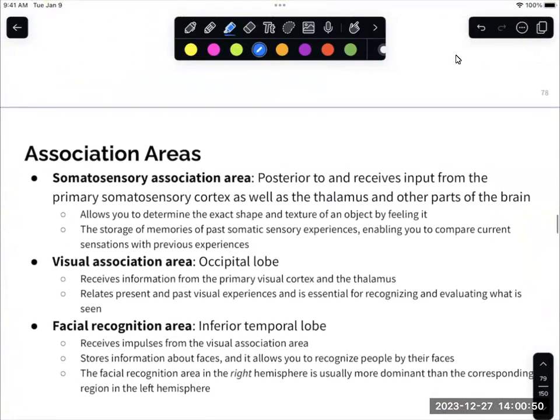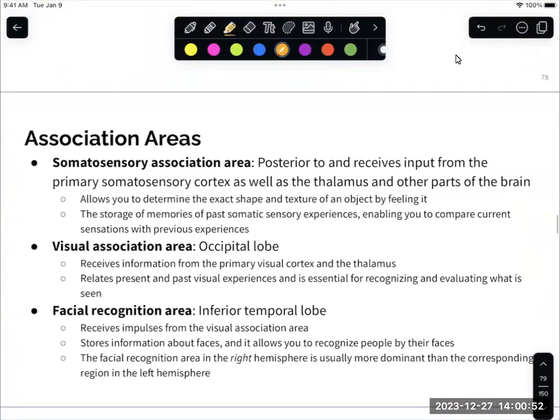Let's go to our association areas. So we have a somatosensory association area. It is behind the primary somatosensory cortex. And this allows you to determine the shape and texture of objects you're feeling.